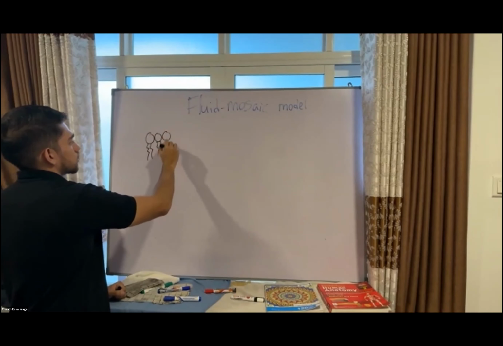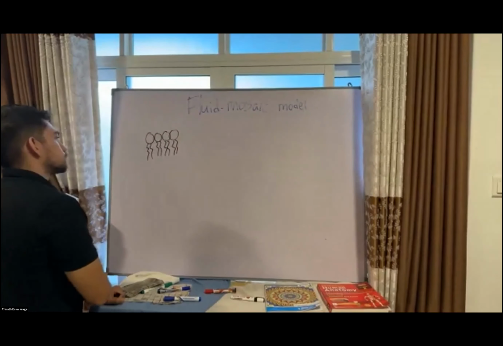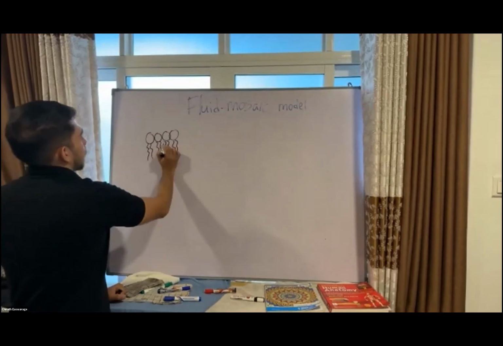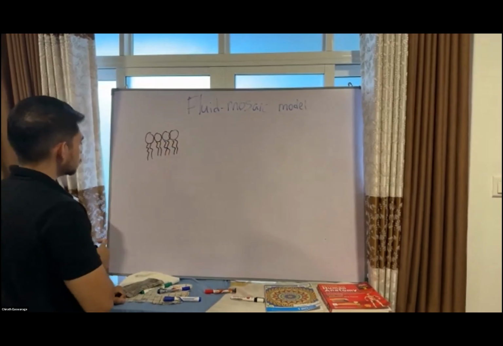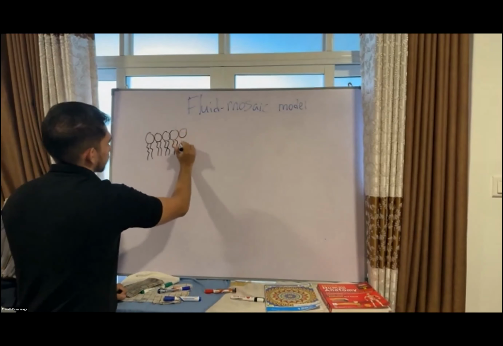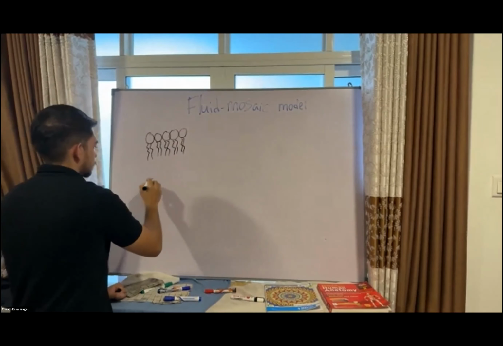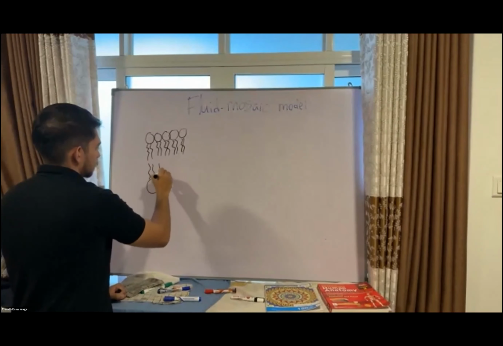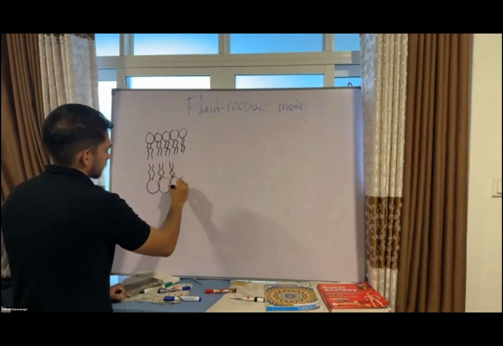And what do you mean by a bilayer? That means it has two layers. So one layer is this. I'll draw one more phospholipid for your benefit. Then the other layer is like this, upside down. Two layers.